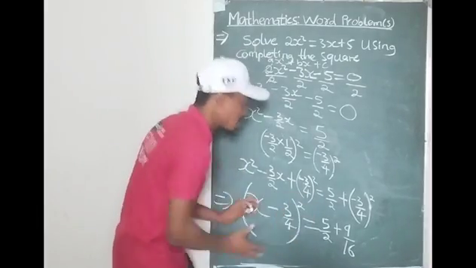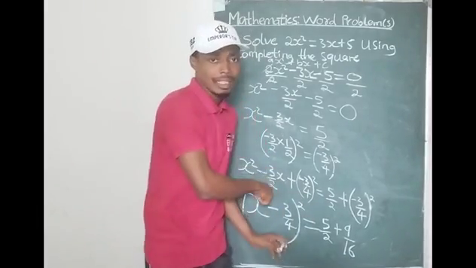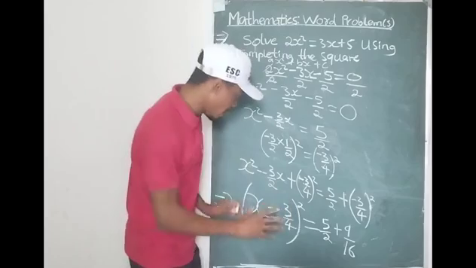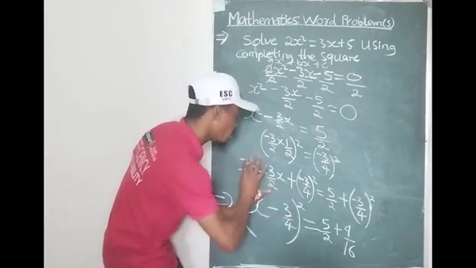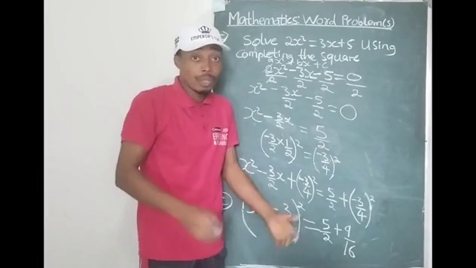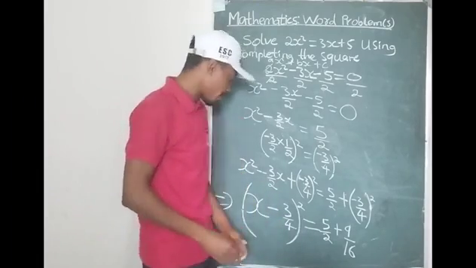If you expand this term, you can pause the video and expand this term as you're watching, so that you will agree with me that expanding this term will give you this term. You can do that and you're going to learn more. Alright.